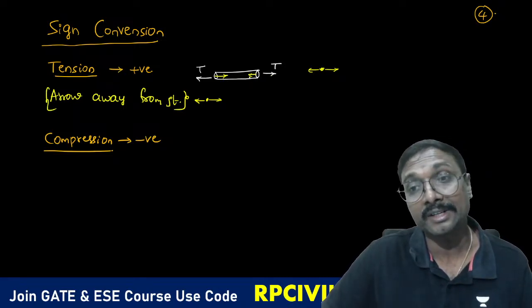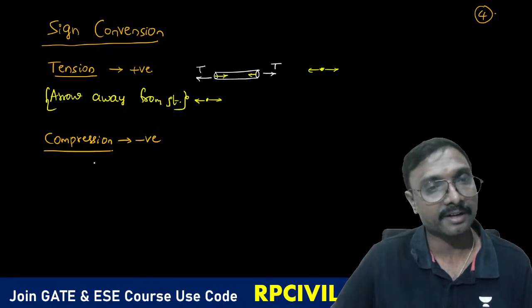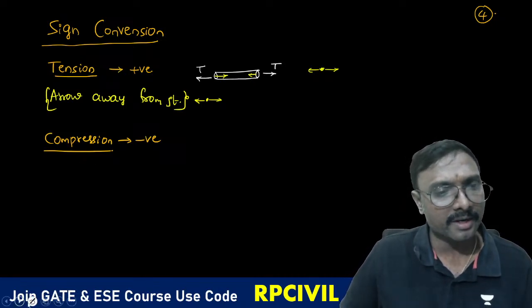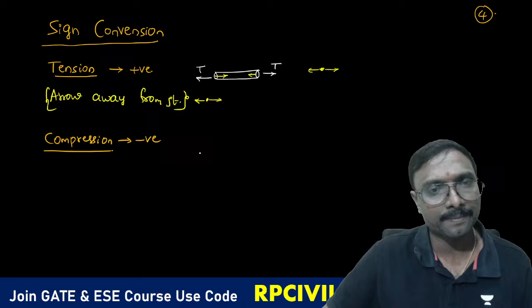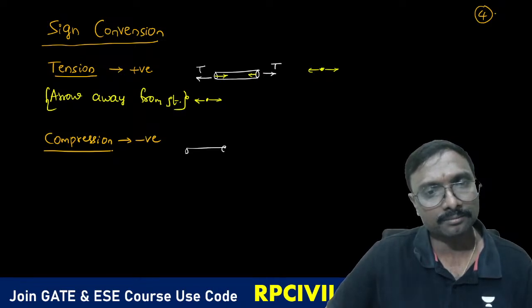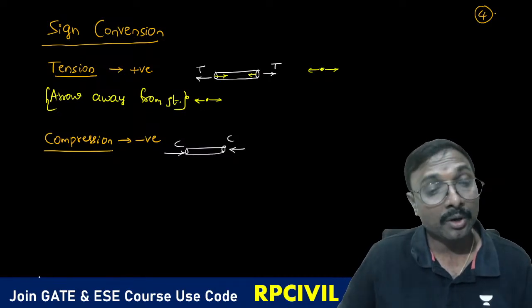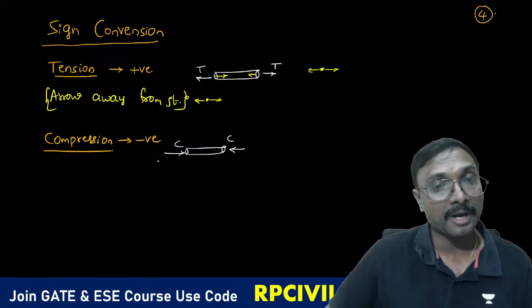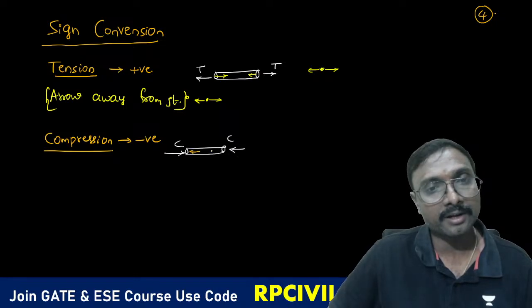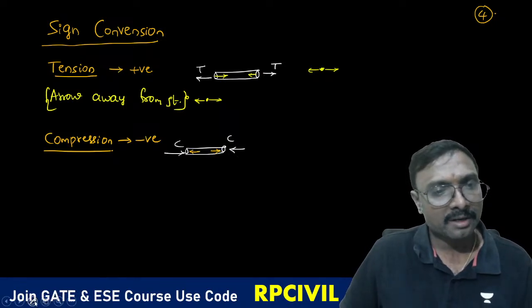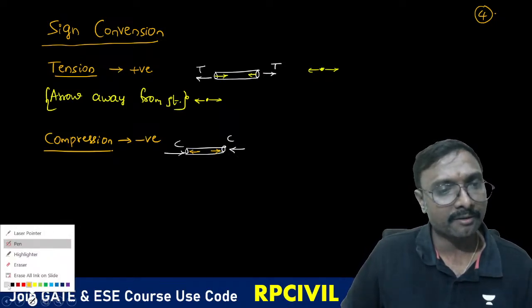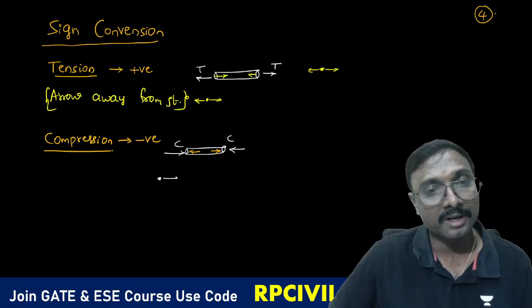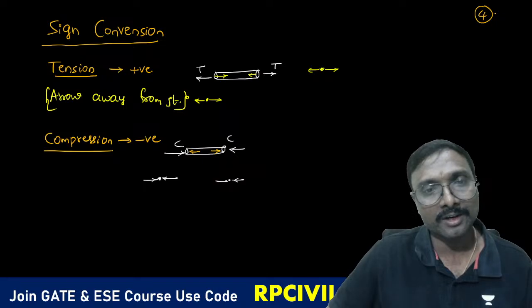Compression is negative. For the same member, when you apply compression like this, at each joint the arrow is towards the joint.